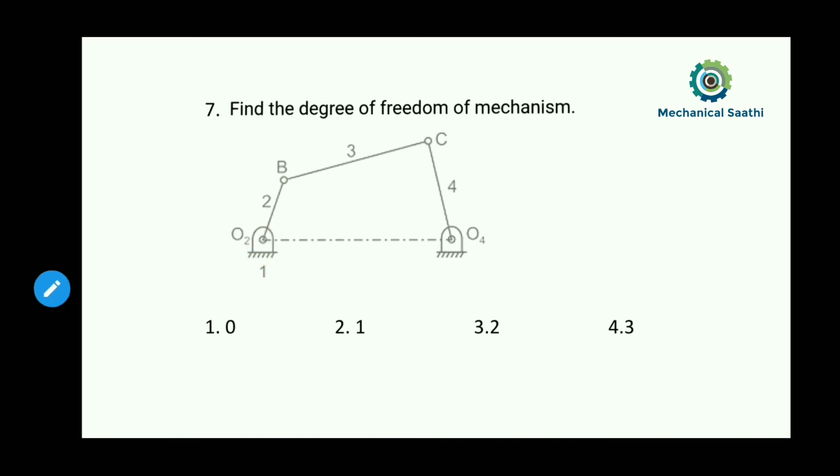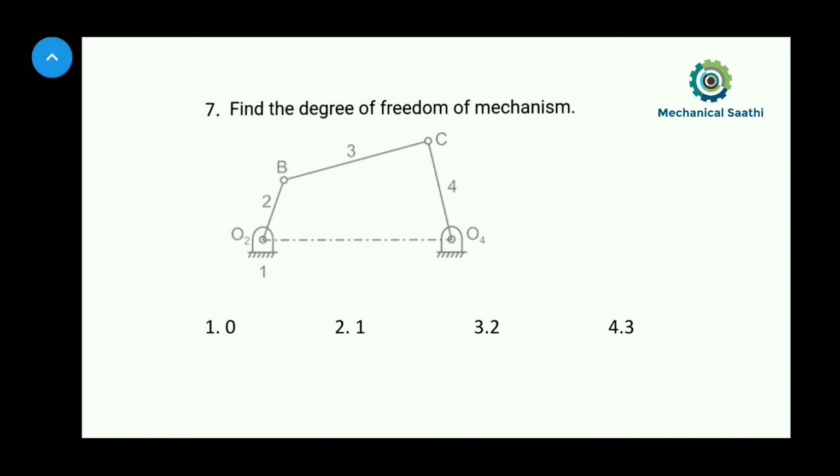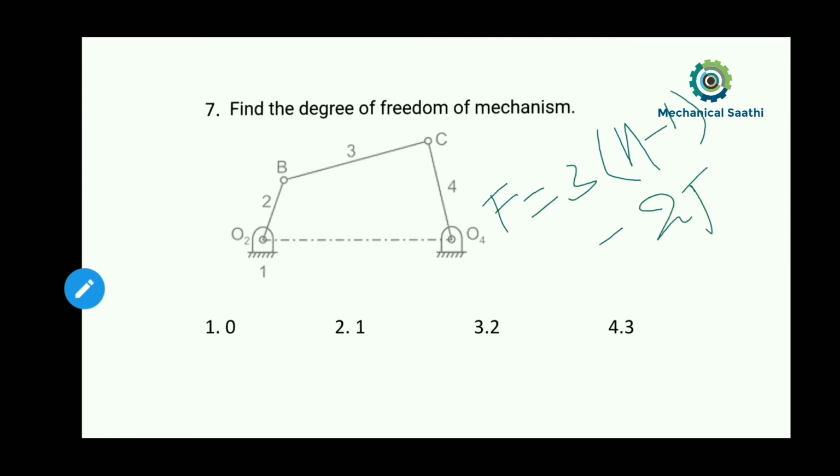For finding the degree of freedom, we can simply use F = 3(n - 1) - 2j + h, where h is the number of higher pairs.